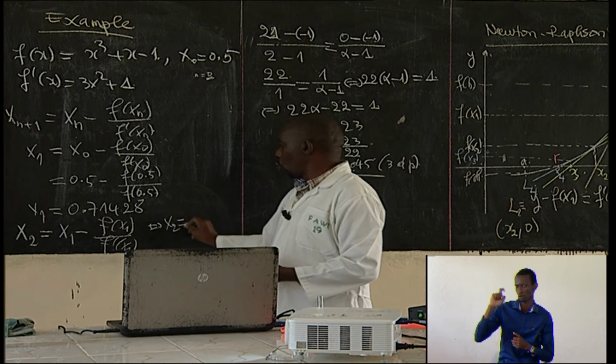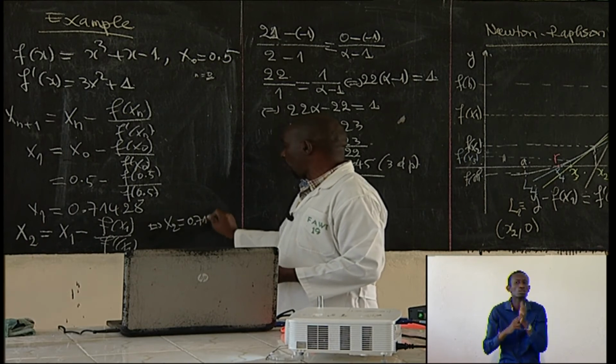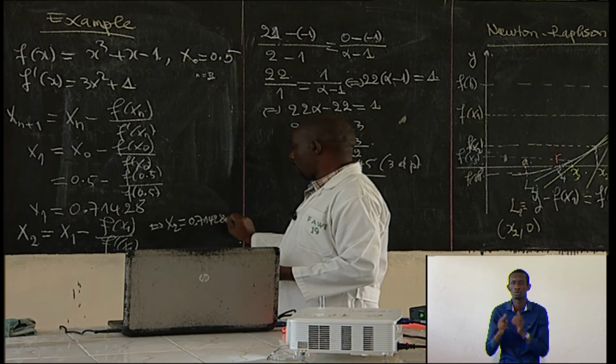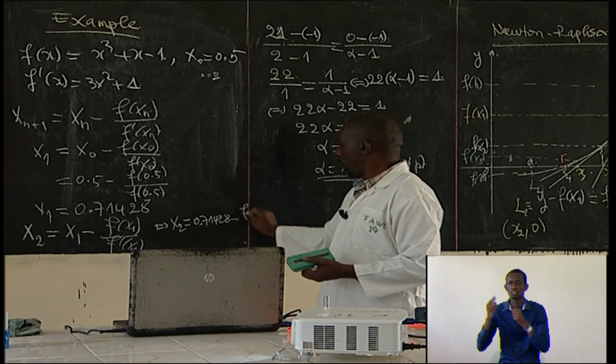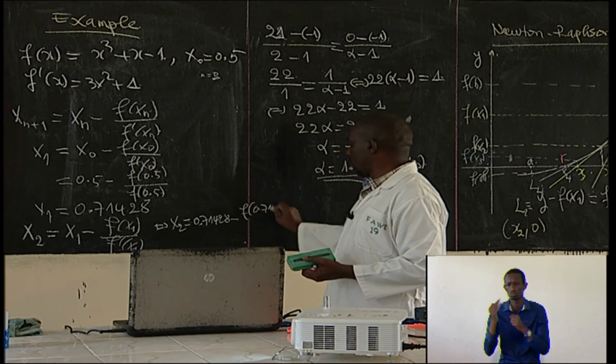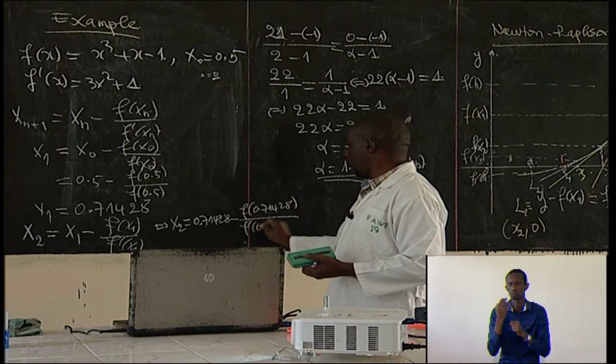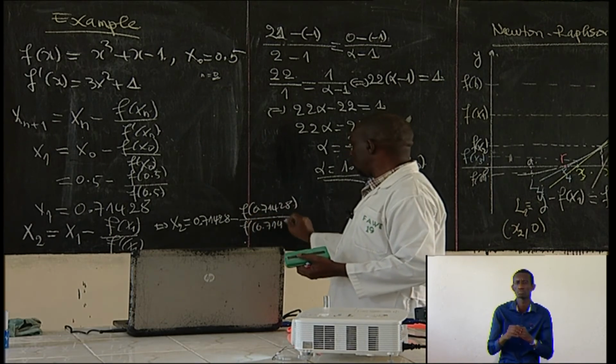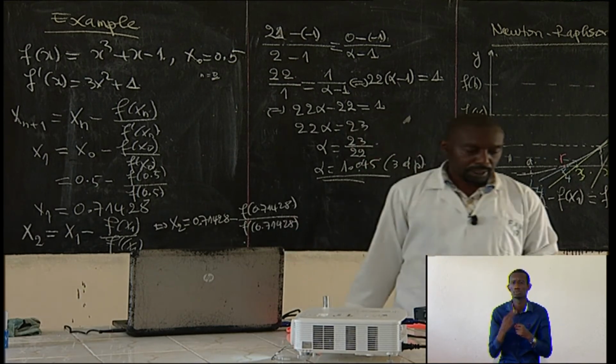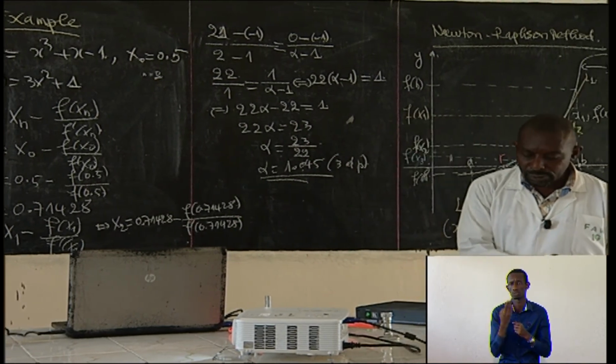It means that I'll have x2, which is equal to 0.71428 minus f of 0.71428 divided by f derivative of 0.71428. You have your calculators.